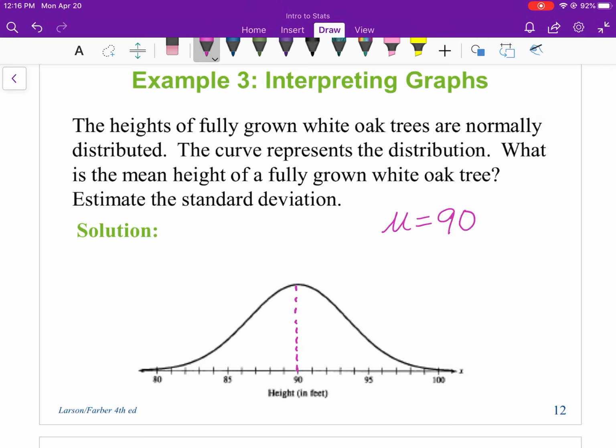Okay, and if we try to estimate where our point of inflection is, so where it starts changing concavity, probably about right in here, I would imagine. So I'm going to come out over here the same amount. I'm going to drop down. And what is that? So that's probably about 91, 92, 94. So the difference between these two is your standard deviation. Let's get the right notation.